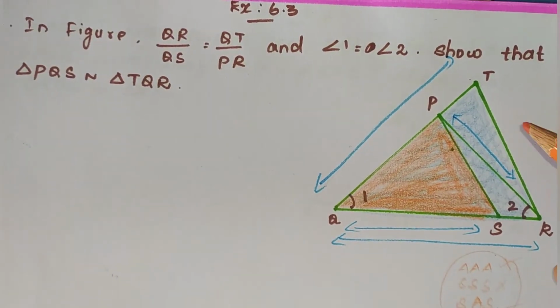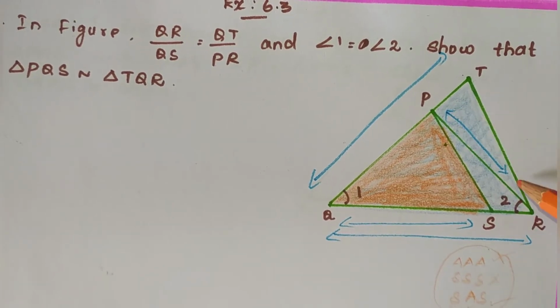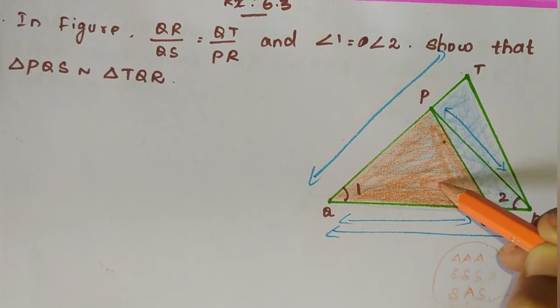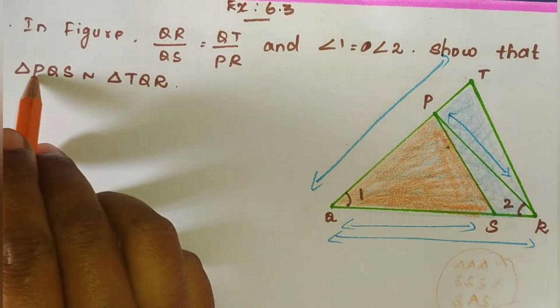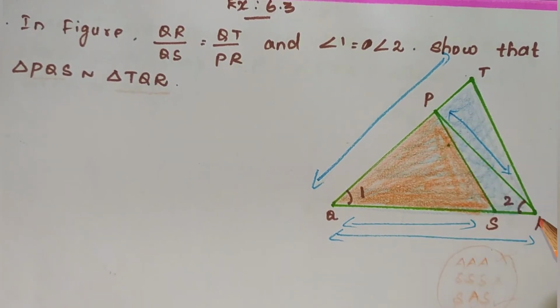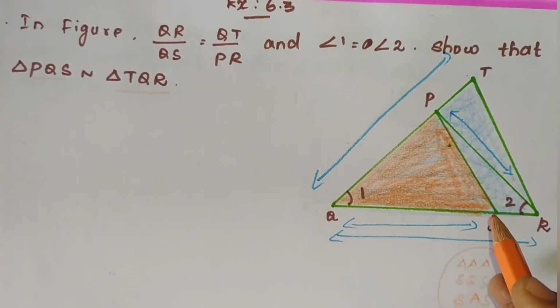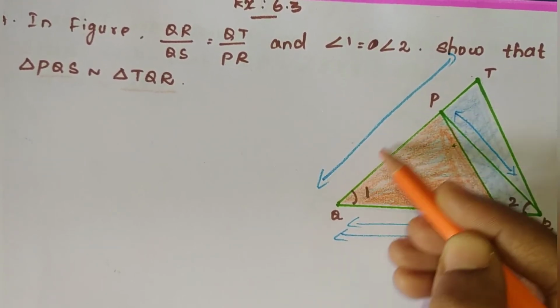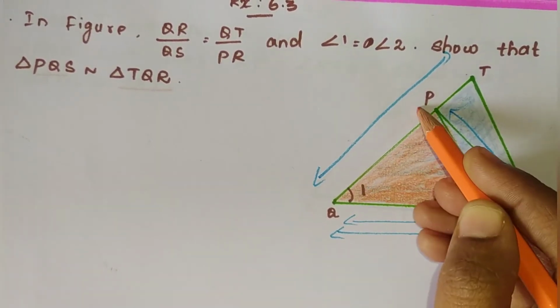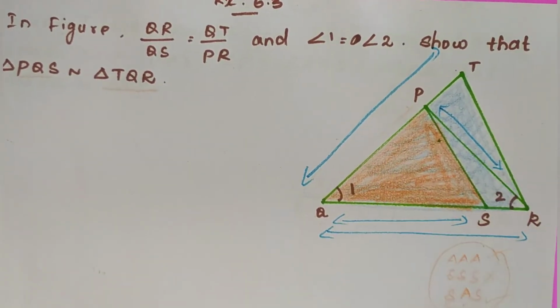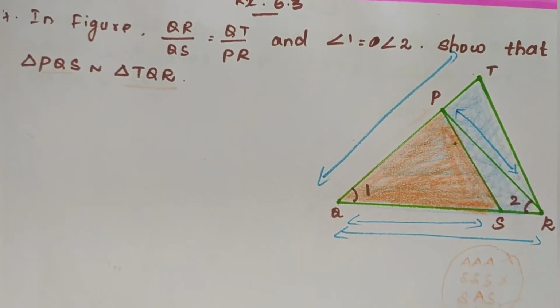But in the given, PR is not related to the triangles we have to prove. Clear? So we have to change this alone. What we have to prove involves QT and PQ. I want this side. How can I change PR to PQ? That only I am going to explain.